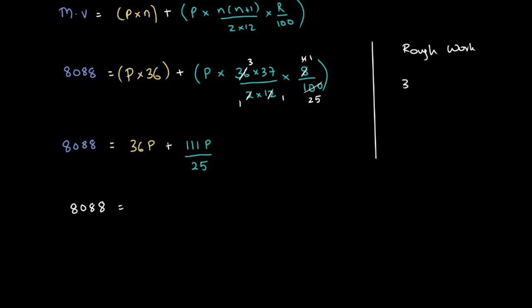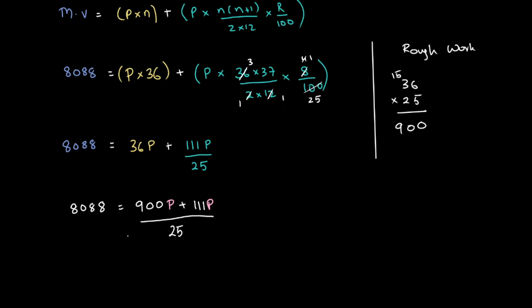We need to do 36 into 25. 25 6s are 150. 25 3s are 75 plus 15, that's 900. So I have 900P plus 111P upon 25.